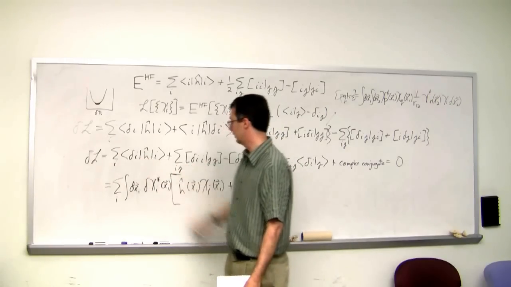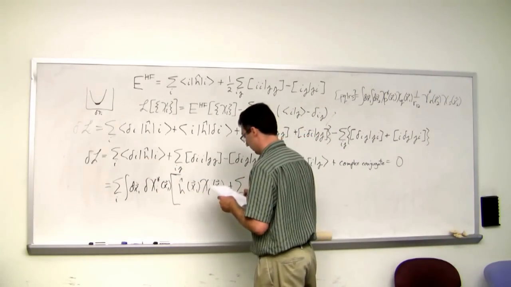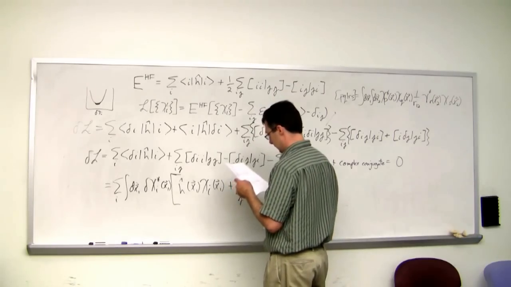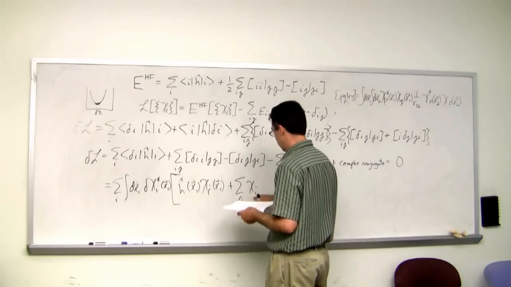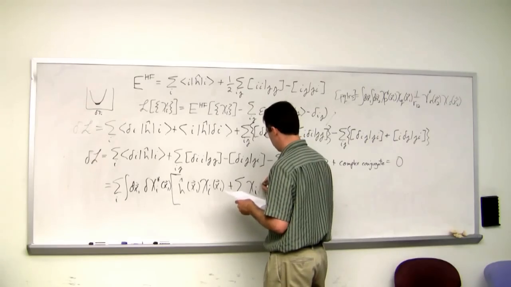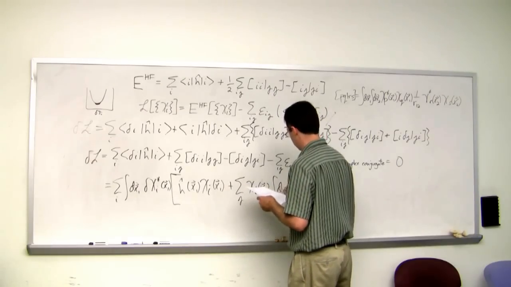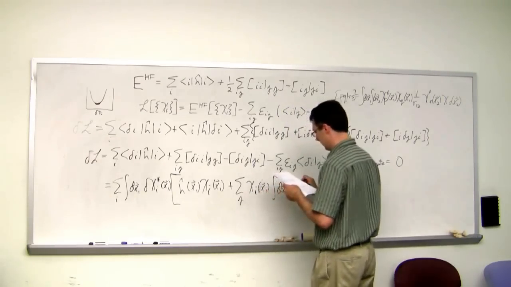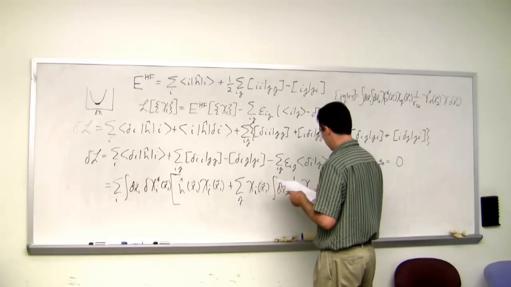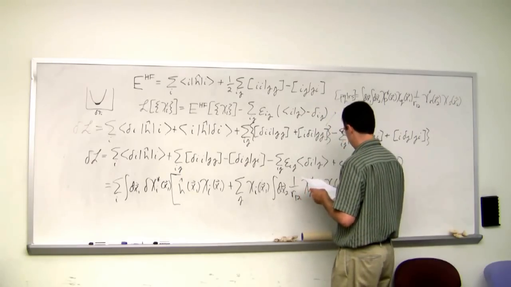Hopefully that looks like that to you. Just switch back out of direct notation back into integral notation so that it hopefully is clear what's going on. Sum over j, chi I of x1 times integral dx2 1 over r12 chi j star of x2 chi j of x2.